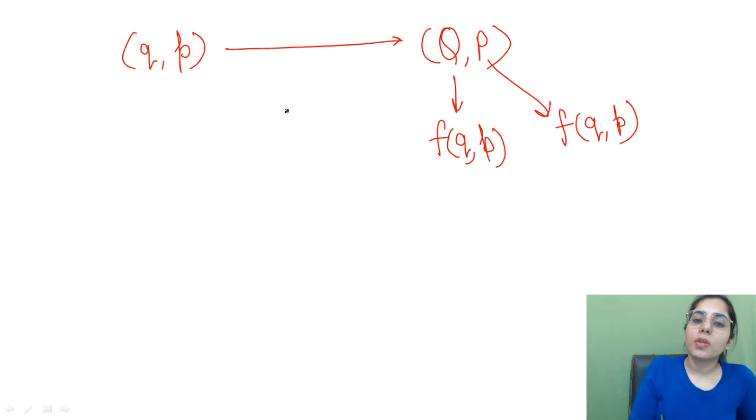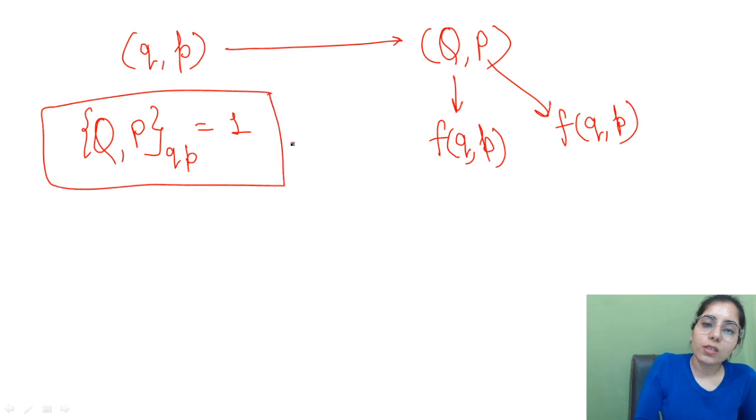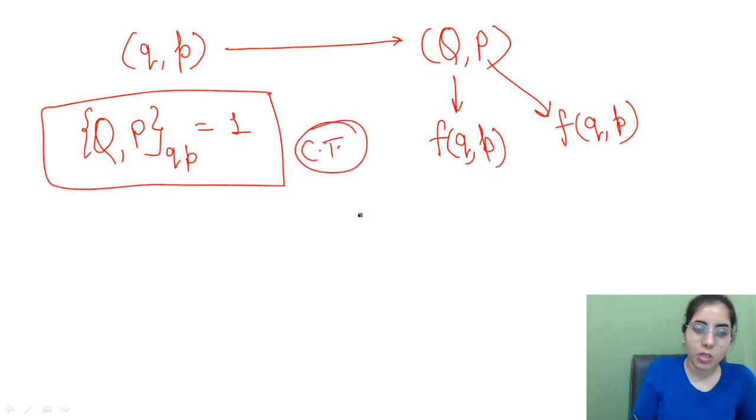But for this transformation, we want to know whether it is a canonical transformation or not. For that, we just need to check whether the Poisson bracket of the new set of coordinates with respect to the old ones is equal to 1. If it is equal to 1, it is a canonical transformation. If it is not equal to 1, it's not a canonical transformation.